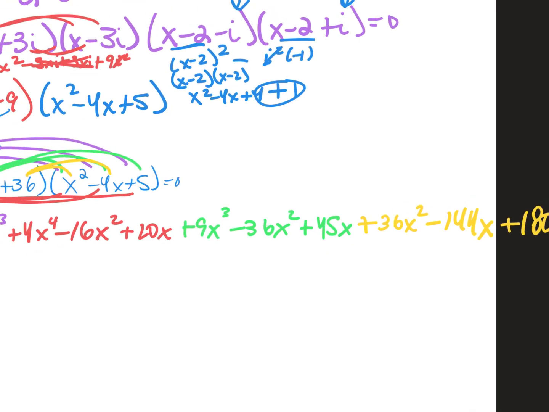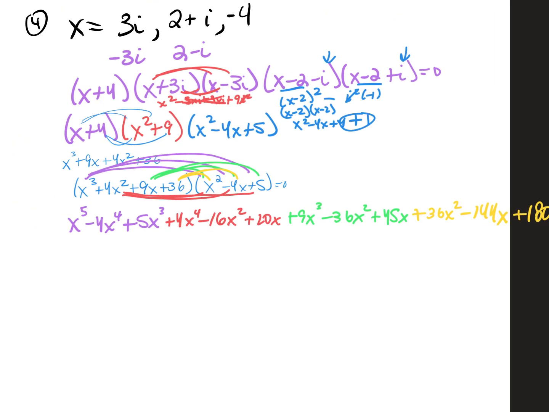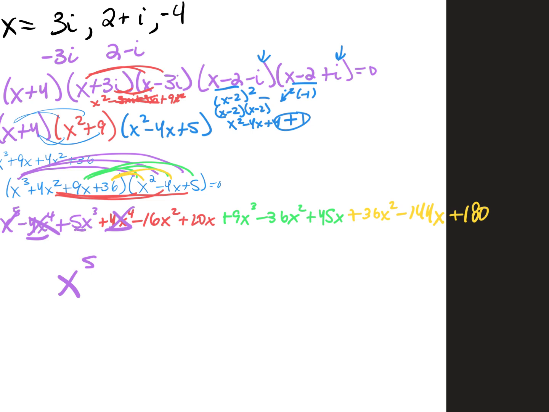And now we're going to combine this big old mess we have here, but the highest exponent I see is x to the 5th. Nothing else has a 5th, so we just have x to the 5th. Now, negative x to the 4th, positive x to the 4th, it's going to cancel out. Anything else x to the 4th? Nope. All right, so x cubes. I have a 5x cubed and a 9x cubed.